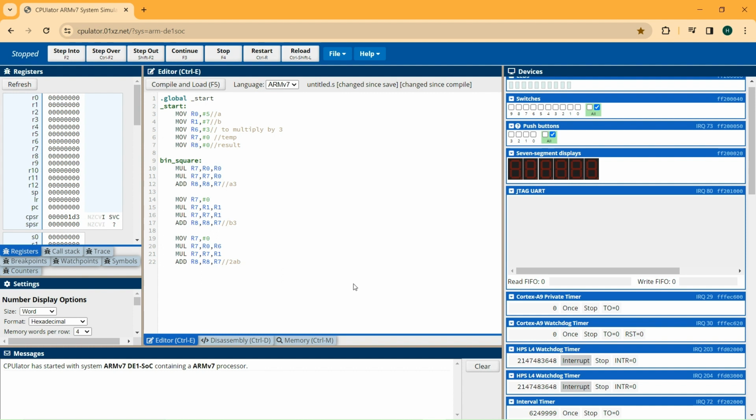Then I need to calculate 3 times a squared times b. So I will first square a, it is R0 times R0, then I will multiply it by 3, and then I will multiply R7 with b, which is R1.